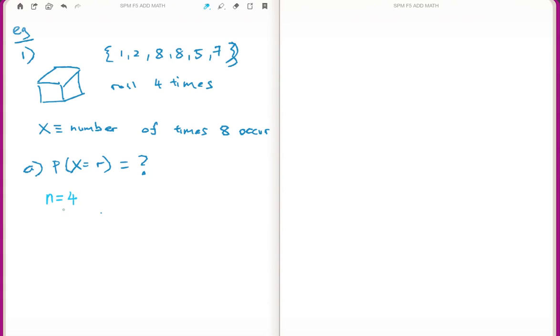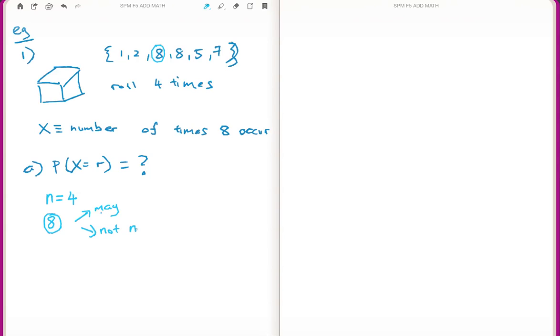You will be given 4 trials. In order for 8 to occur, if you roll this dice with this number, it's possible that it may occur or may not occur at all.